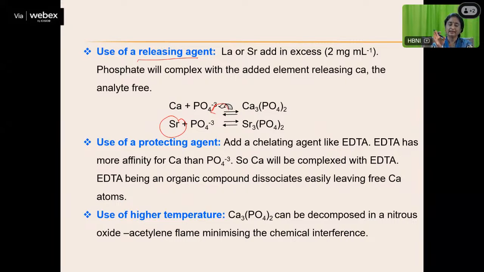So if you add EDTA to your sample, it will first complex the calcium in preference to phosphate, and then at the temperature of your flame, calcium can form atoms because EDTA decomposes. Or else you can use a high temperature flame, like a nitrous oxide acetylene flame, for calcium determination.